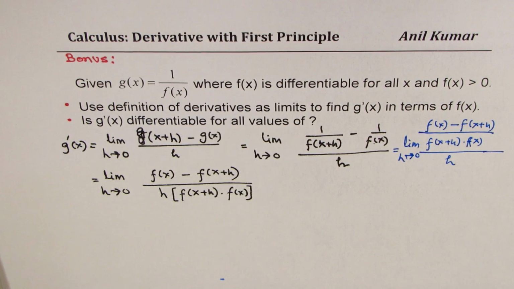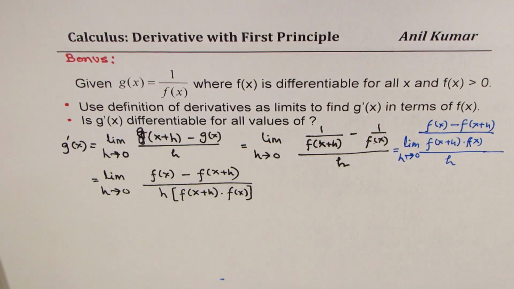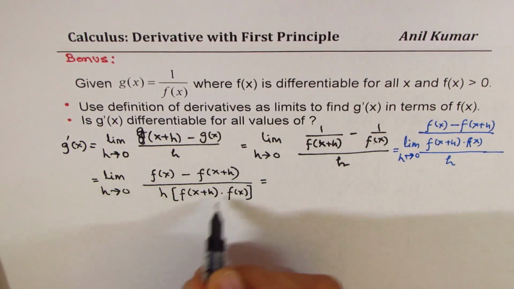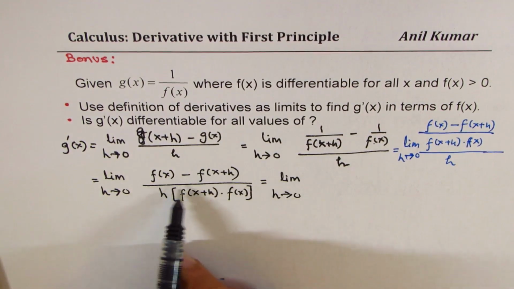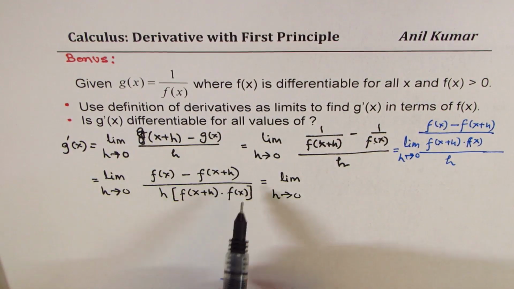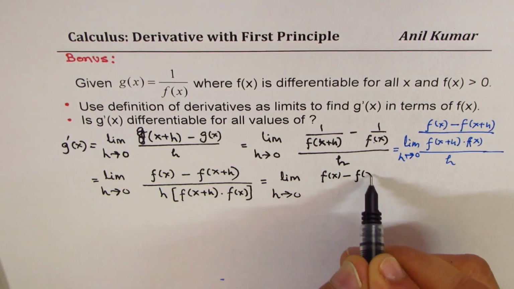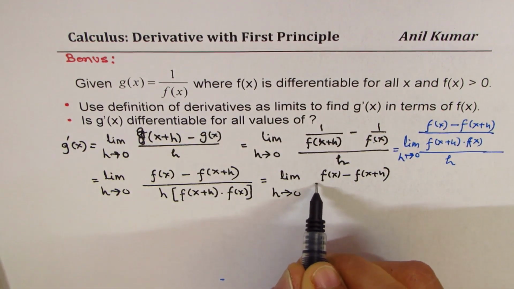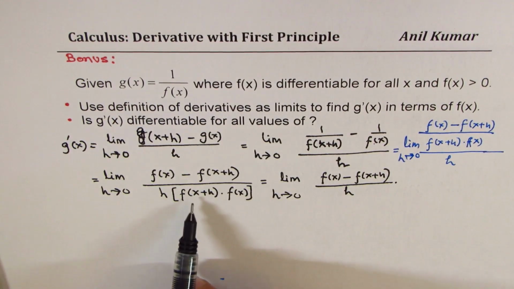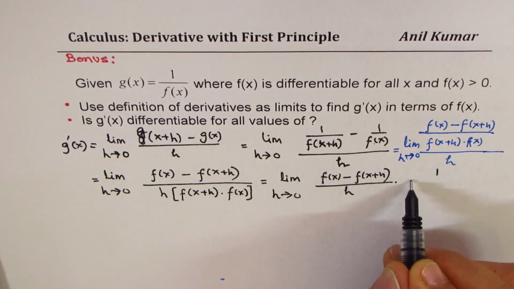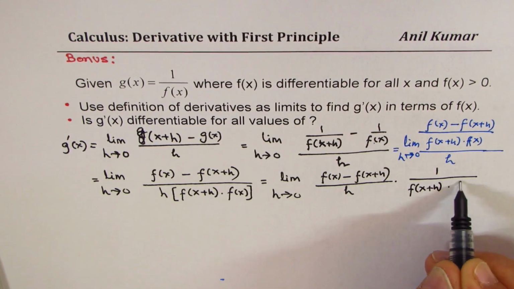Okay, now from here, you could write it in two terms. So let's rearrange. I'm rewriting this as the limit as h approaches 0. I could write this as two parts, which is f of x minus f of x plus h divided by h, times the other part, which is 1 over f of x plus h times f of x.